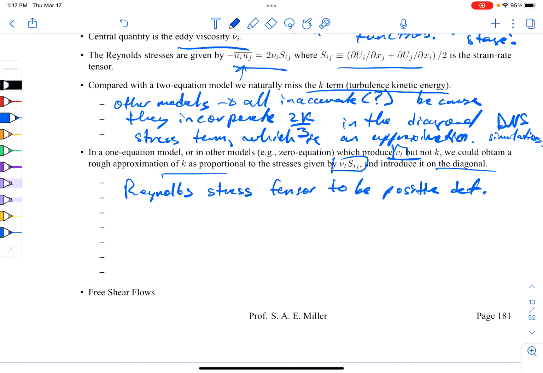And if you look at that tensor, then you'll find that the eigenvalues are basically, let's see, k over 3, turbulent kinetic energy over 3, 2k over 3, and k. And of course, none are close to 0.